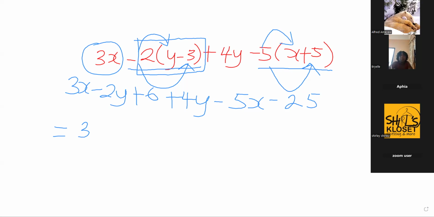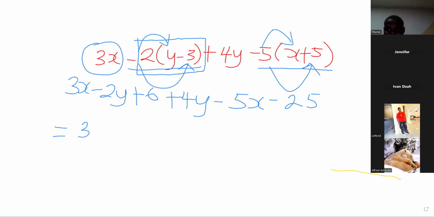How do you expand? You use the one term to multiply each of the 2 terms inside the bracket. That is how you expand. So if you are expanding, it's very simple. Just take the one term, use that to multiply each of the 2 terms inside the bracket. In this case, it is negative 2 you are going to use.